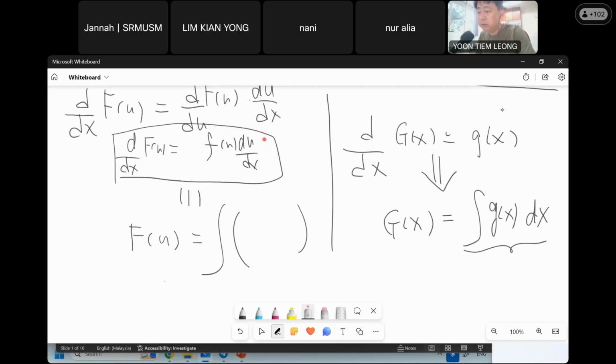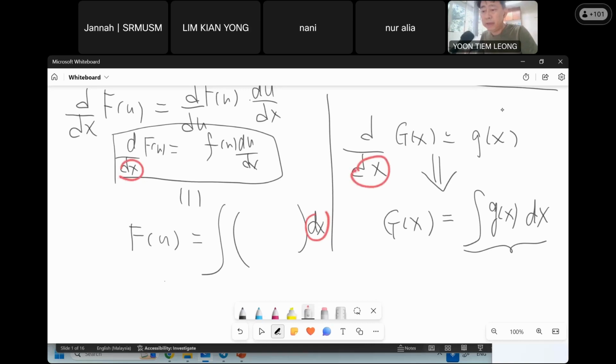And remember, if you have d/dx of G of something equal to g of something on the right, then the indefinite integral would be written in terms of the variable x. Here we are differentiating with respect to x. Therefore, I should have a symbol dx here. So this dx comes from here.